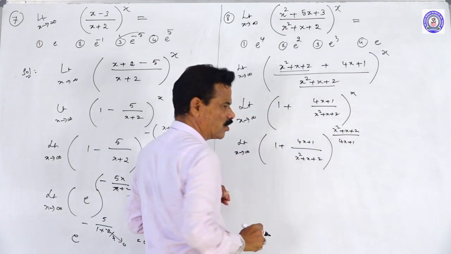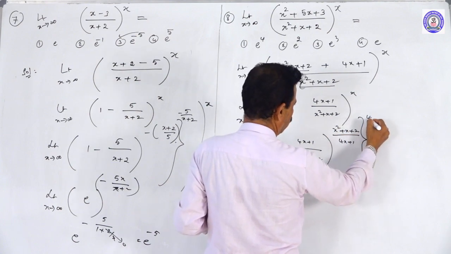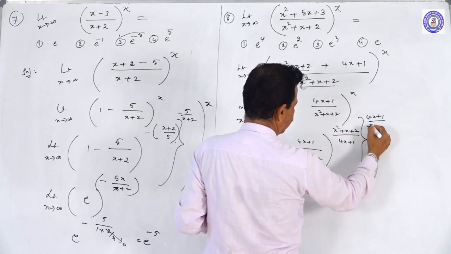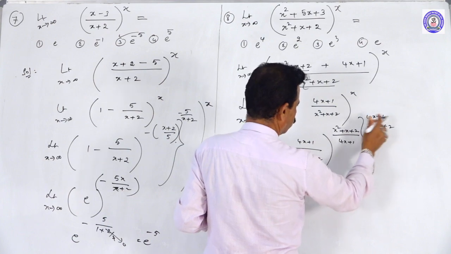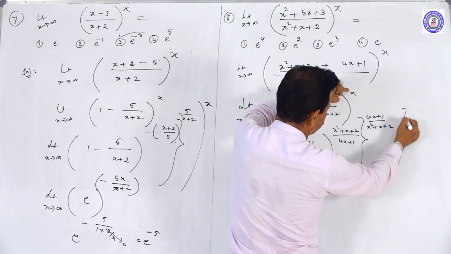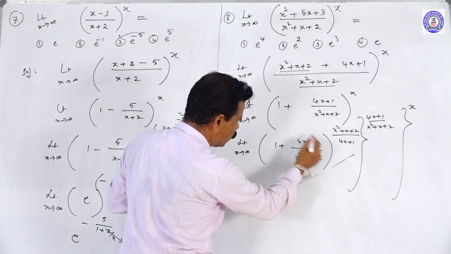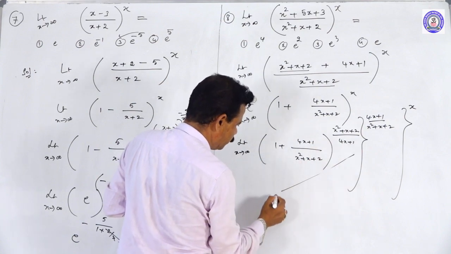This term is an extra term, that's why again we multiply by the reciprocal (4x plus 1)/(x square plus x plus 2). This is cancelled. Again the whole power of x is there. Up to here this value is e.